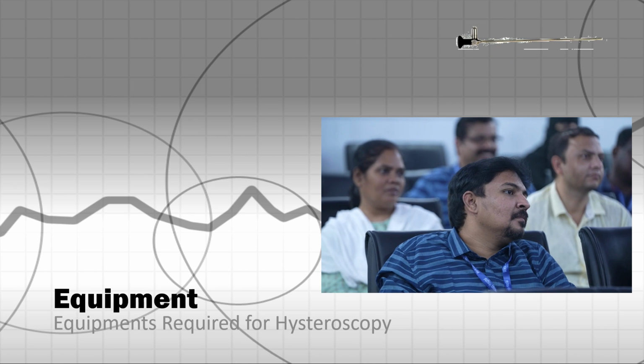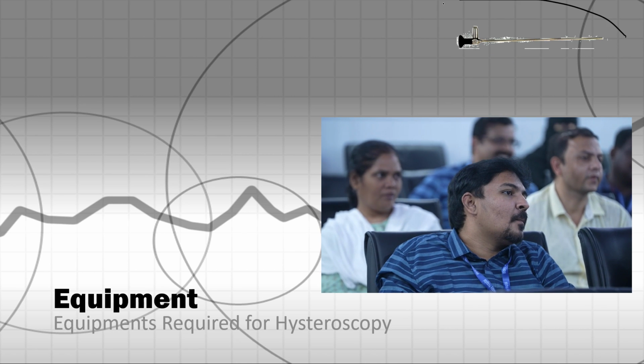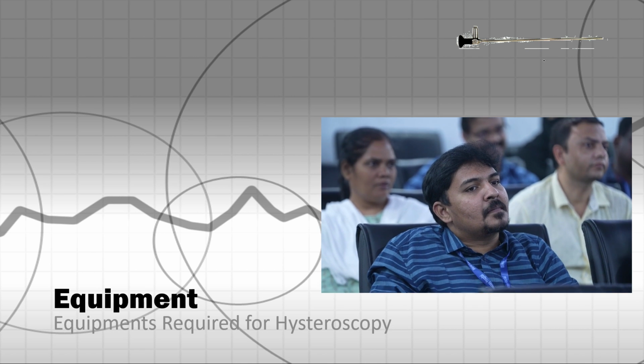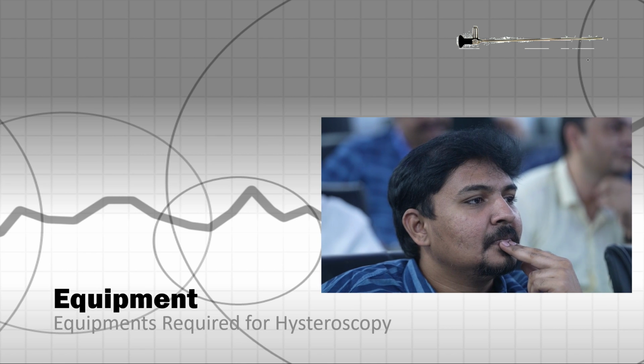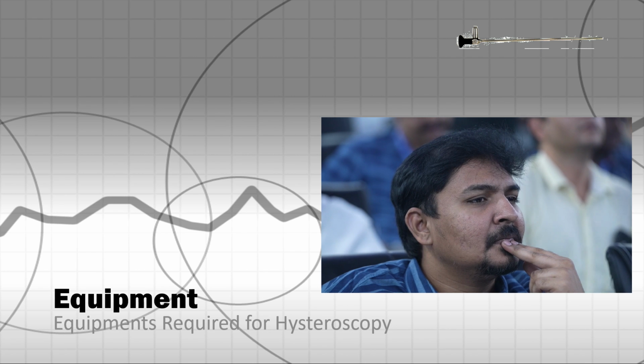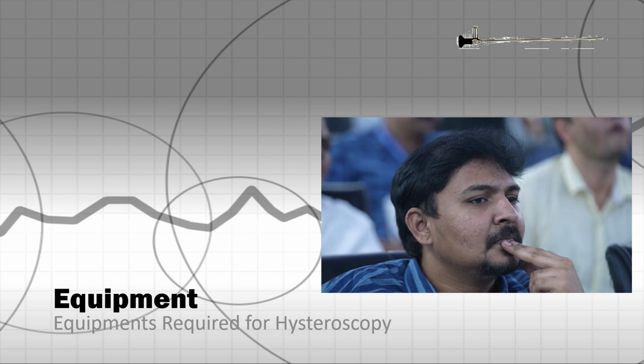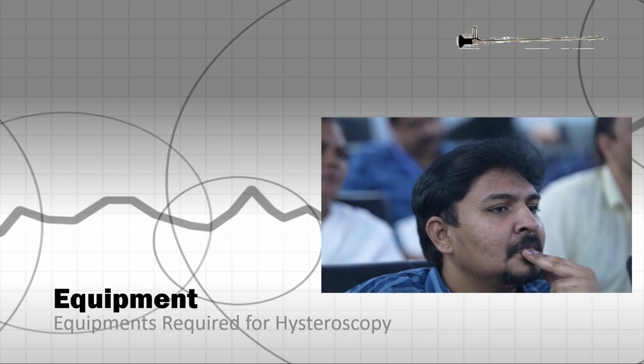Now equipment. Most common equipment is a 30-degree 4 mm hysteroscope. That is a must, because a 0 degree you cannot use. If you use 0 degree, it will be a problem, because it cannot show you the ostia.